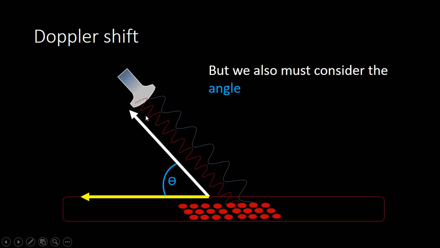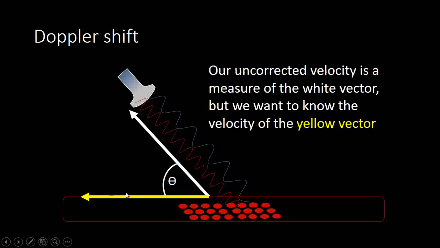To calculate the true velocity of those objects, we have to use the angle to correct the velocity detected by the probe to account for the actual velocity of the moving object. Our measured velocity is this white vector, but the velocity we want to know is the yellow vector.